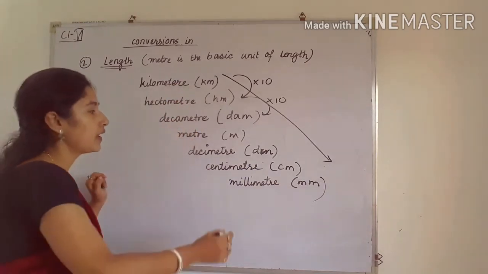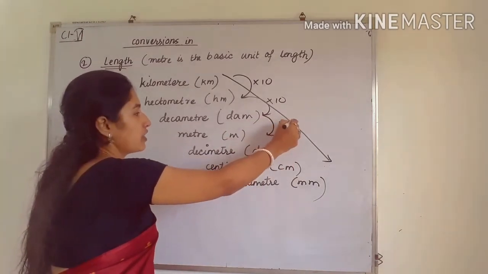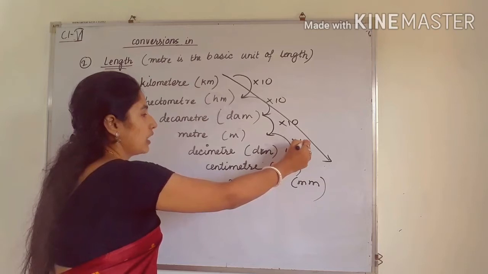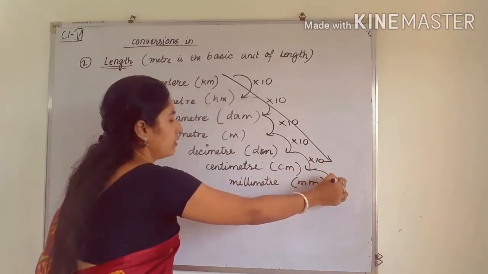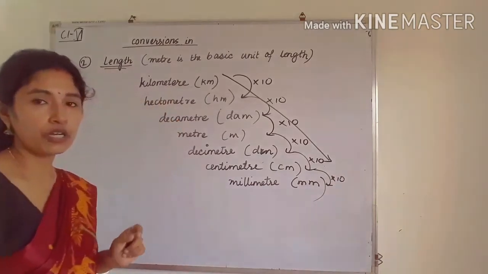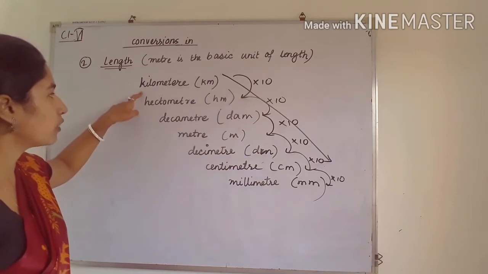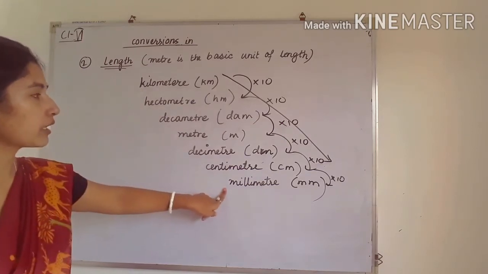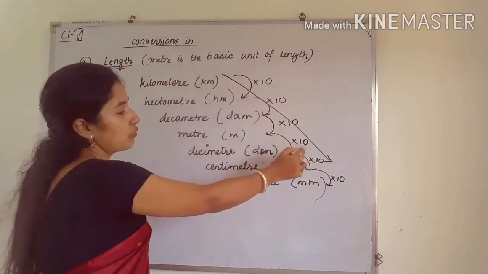Similarly, if I come to meter, then I have to multiply again with 10, then again with 10. Like this we have to multiply for converting from one unit to the other. Similarly, if I want to convert kilometer to millimeter, how many tens will be there? See, 1 2 3 4 5 6.